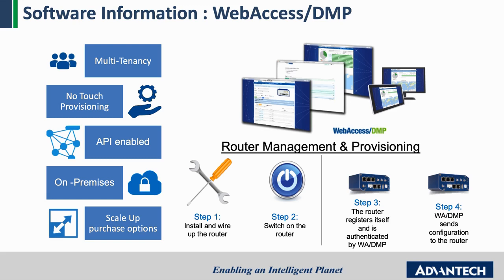So for example, from this particular package, which gives you a license for up to 50 managed routers, you can scale up to the next level, which is 400, then the next one, which is 1000, then up to 5000, and finally to the unlimited version. WebAccess DMP is API enabled, which means you get remote access through the API to all of your remote assets. It enables you to do no-touch provisioning by pre-configuring the routers in advance in configuration profiles.